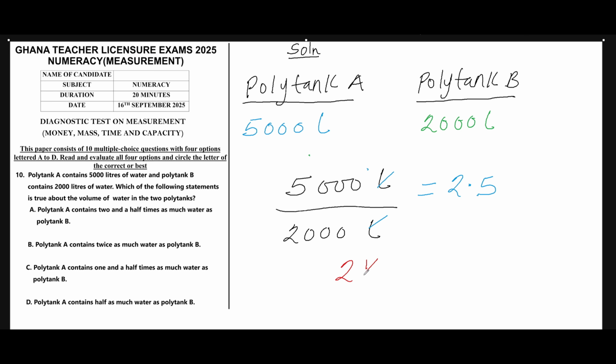So it is clear that polytank A contains 2 and a half times as much as polytank B. That is, in terms of volume of water the two polytanks can hold. So the right answer is option A. Polytank A contains 2.5 times as much water as polytank B. That is the right answer. Thank you.